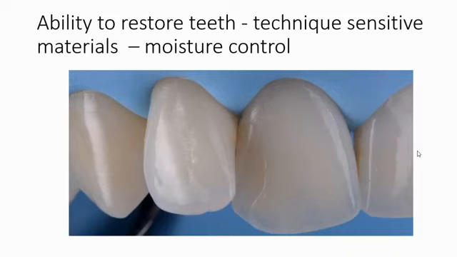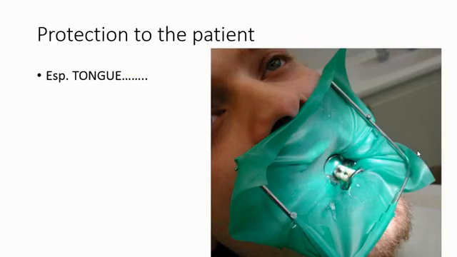So when you have good isolation, even the most technique-sensitive dental material can be used by following these moisture control techniques. Protection to the patient is very important. Always remember, when you work without a rubber dam, a lot of cheeks and tongues used to get lacerated, sometimes the lips also.